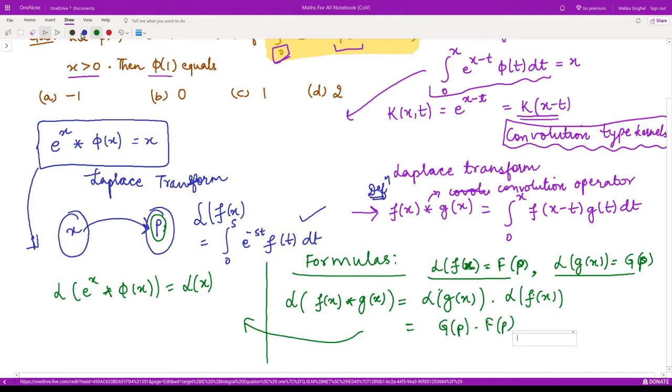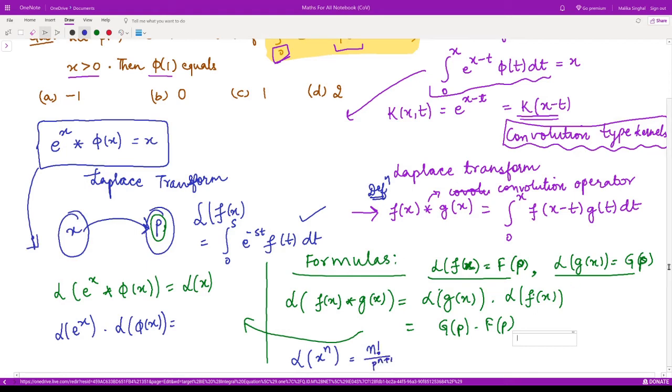What do we get? We would obtain the Laplace transform of e to the power x multiplied by the Laplace transform of phi of x. And there is another formula: Laplace of x to the power n, whatever is the power n, would be n factorial divided by p to the power n plus 1.